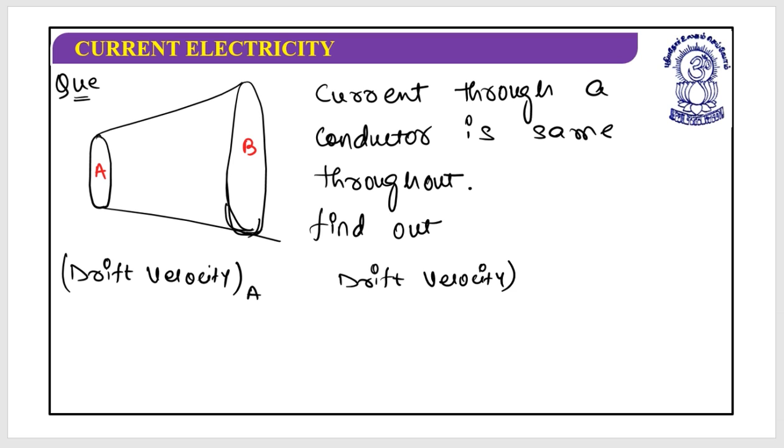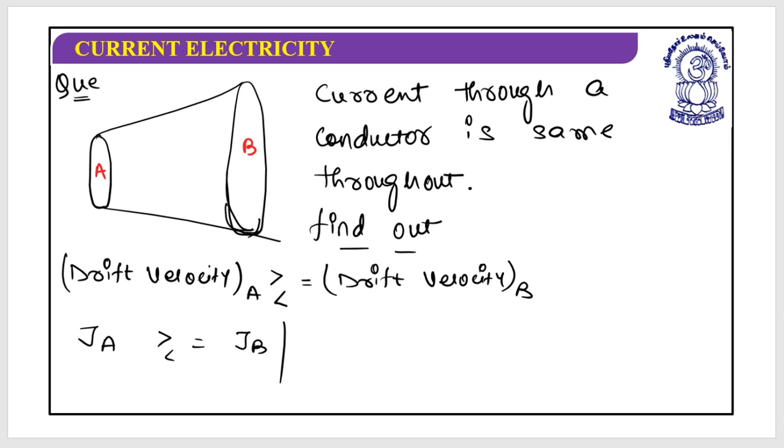Now while I say find out drift velocity, that means I am interested in this relation only: greater than, less than, or equal to. I hope you understand this symbolic language. I need to find out JA greater than, less than, or equal to JB.